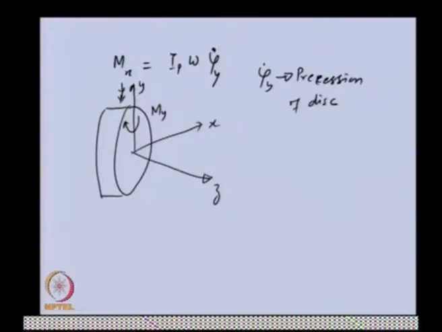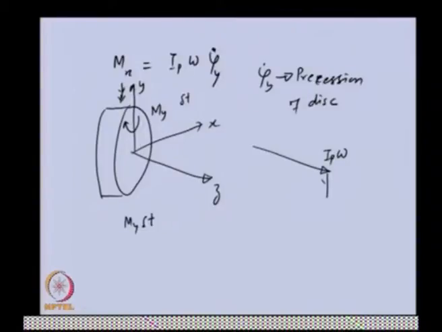Now the original angular momentum is along the z axis, and this moment which we have applied about the y axis is for a small duration. So M y times delta t is nothing but the change in angular momentum in the direction of the moment applied.